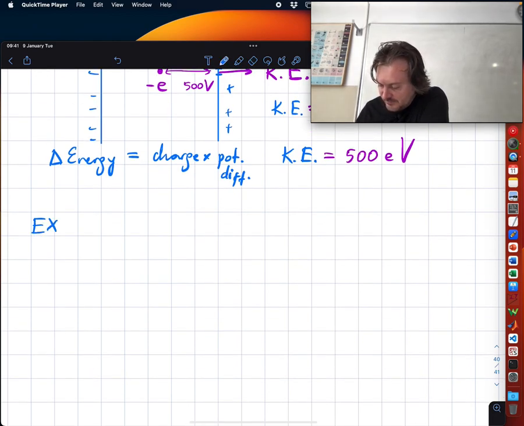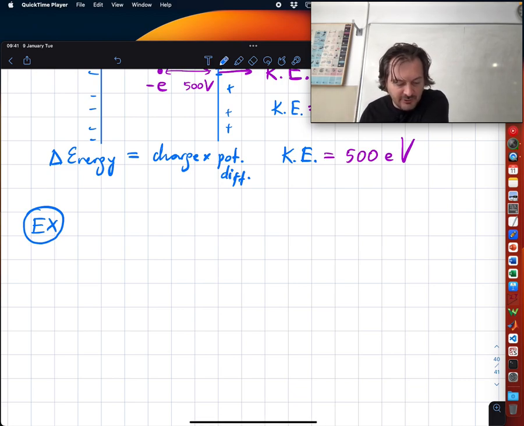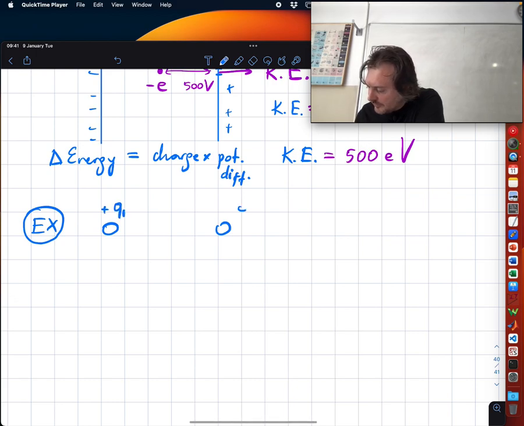Okay. Example. So we go back to the potential questions. Here's a question, and this question is going to teach you how to sum up potentials due to multiple charges.